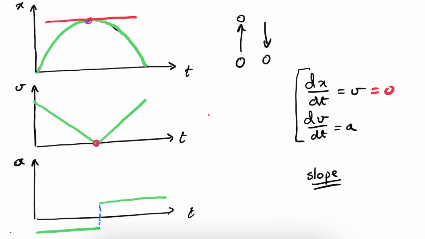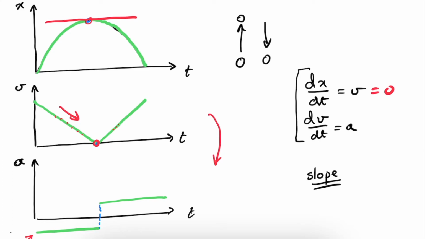The same can be done going from here to here, because at this part of the graph, we see that all of our slopes are equal to each other, because this is just a straight line, which means that if the slope is constant, our derivative is actually a constant. And here, because we are going downward, so the slope is negative, we see that we have a negative acceleration.